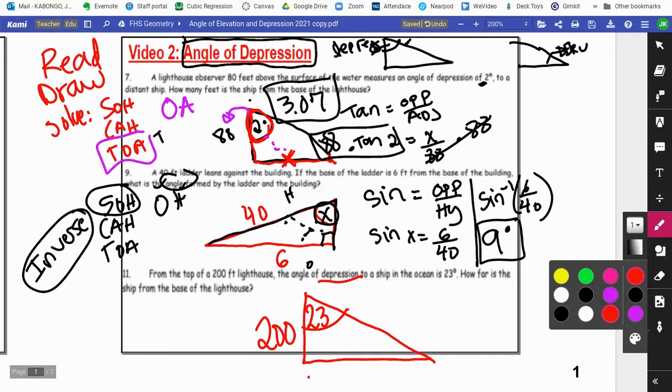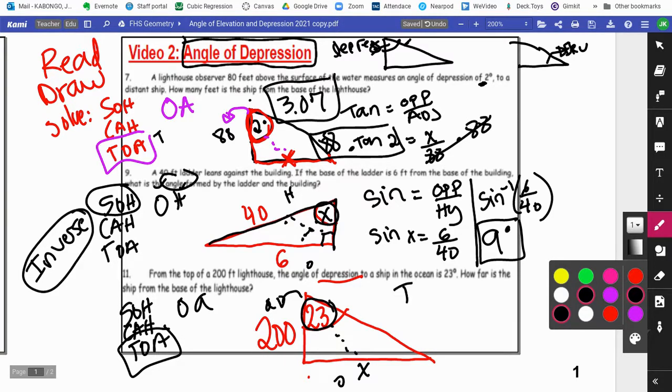That's where we're going to have our question mark right here. All right, so again, you're dealing with SOH CAH TOA. If you have your angle, the opposite is right here, so we have O, and then this will be my adjacent, A. So it looks like we're dealing with TOA.